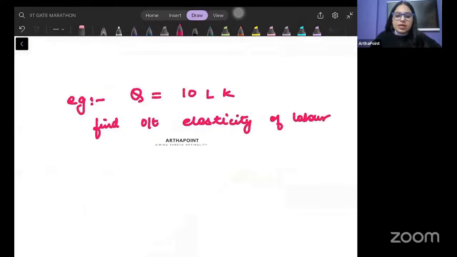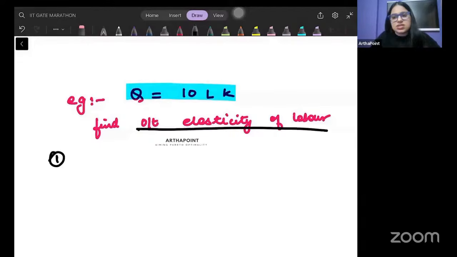To do this question, there are two ways to address it. Number one, I use the definition. This is saying output elasticity of labor, meaning how output changes as labor changes, into initial value of labor by initial value of output. This is the elasticity formula. I am just using this formula.